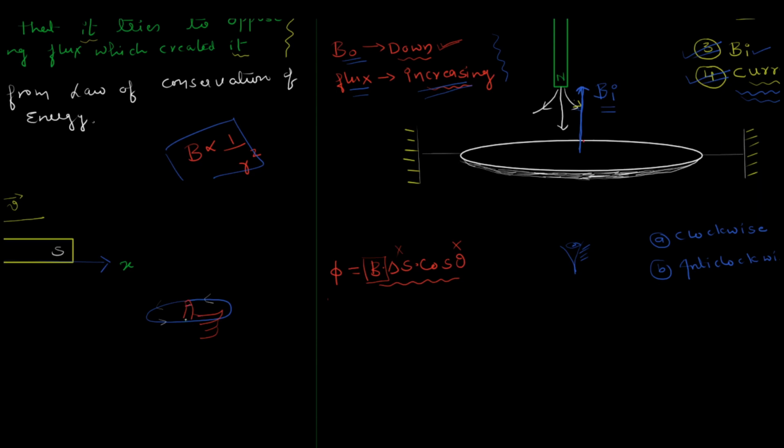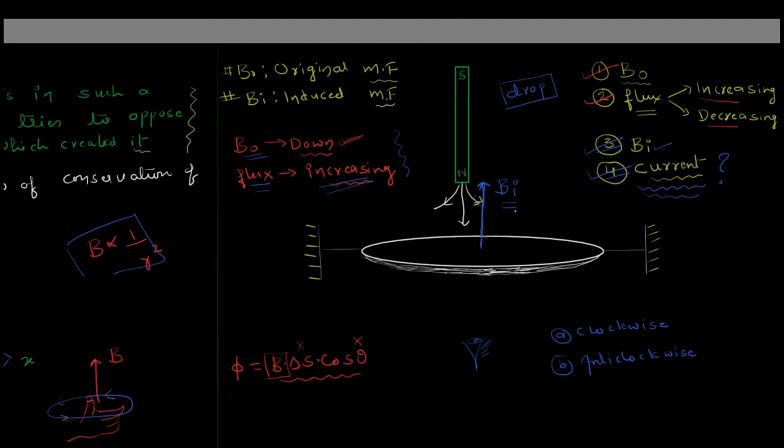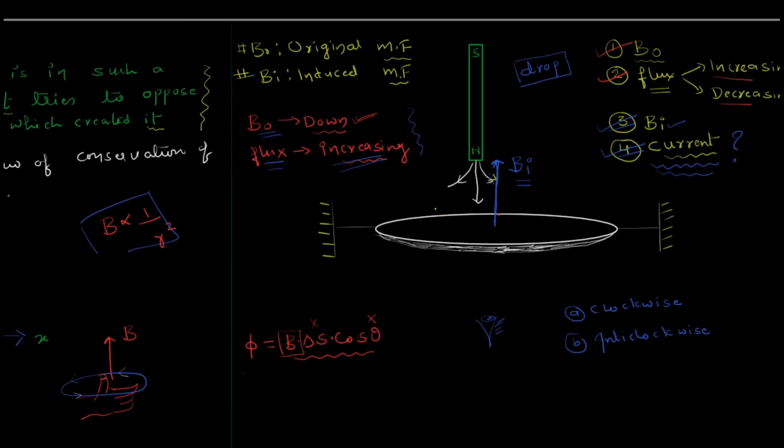The thumb is going to give you the direction of magnetic field. In my present ring case, that is the induced magnetic field. So according to the right hand rule, the current has to be in this direction in order for us to get the induced magnetic field upwards, right?